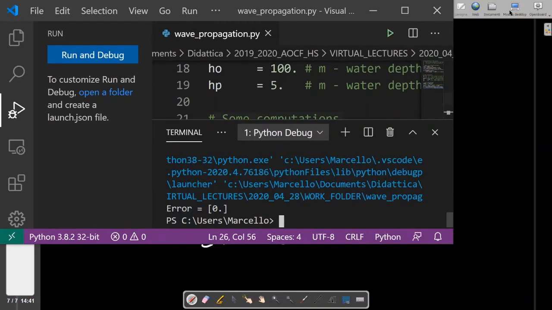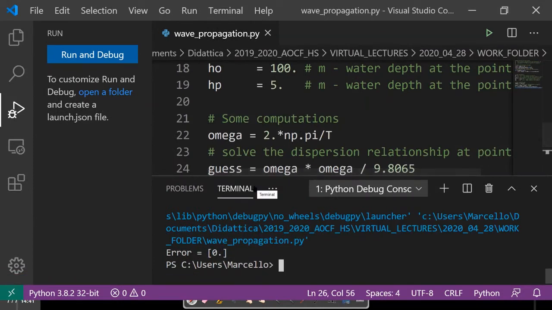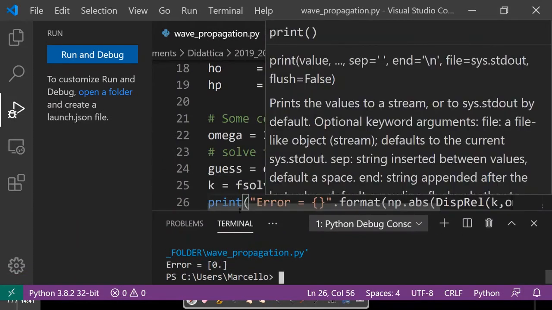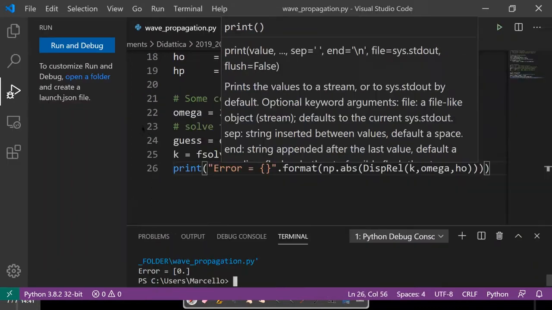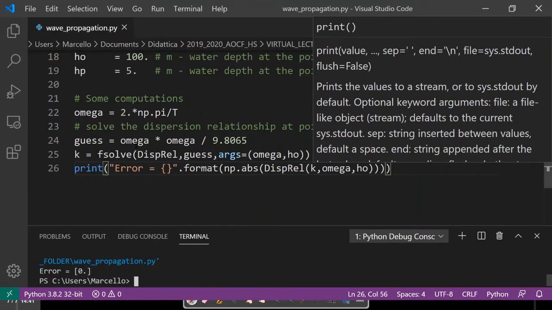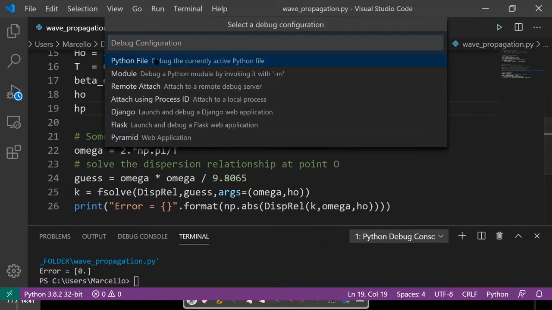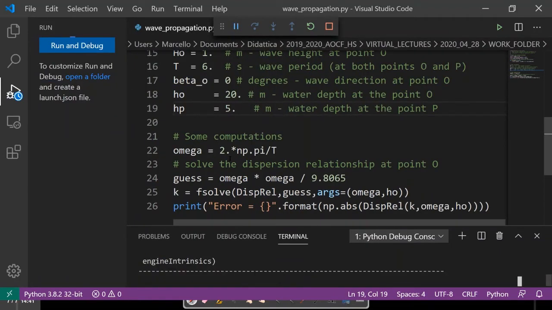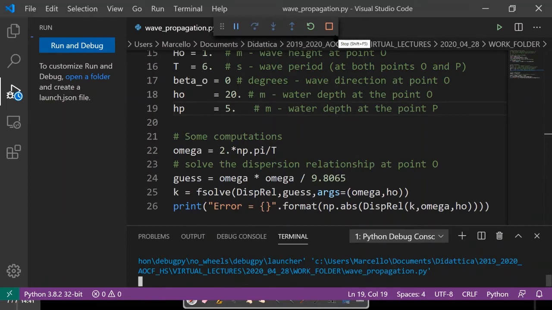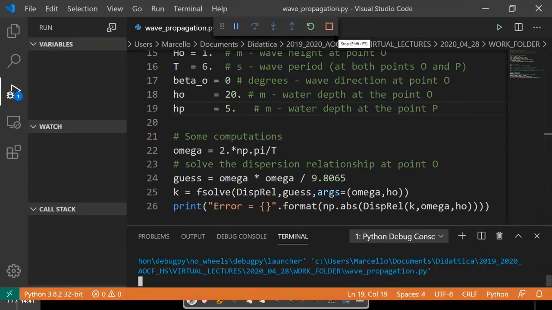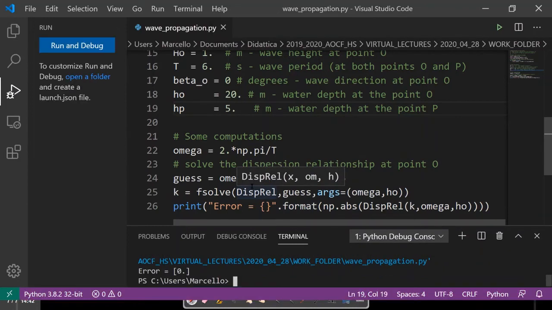We can also, just for example, try, I decrease the font size here. We can change the water depth, just for example, 20 meters. If I execute again, we wait for a while, and the error is again 0.